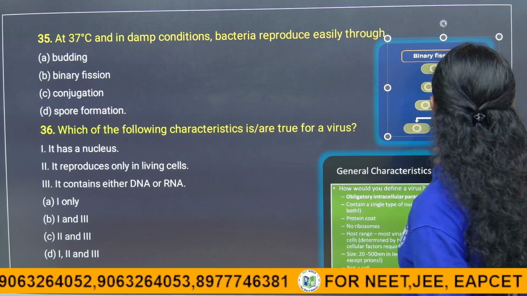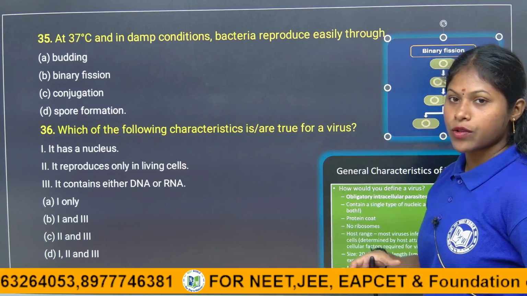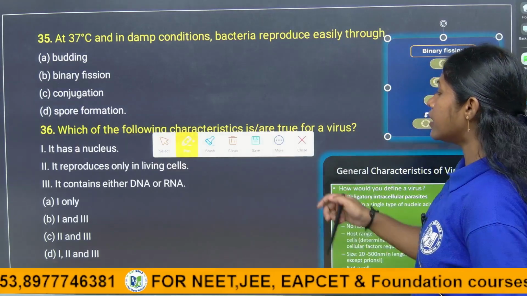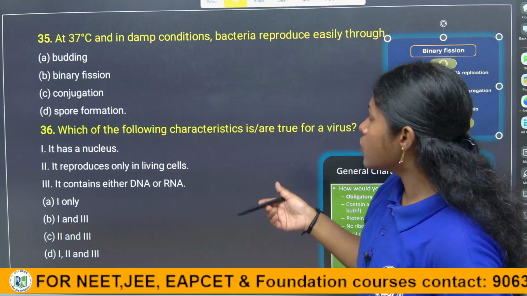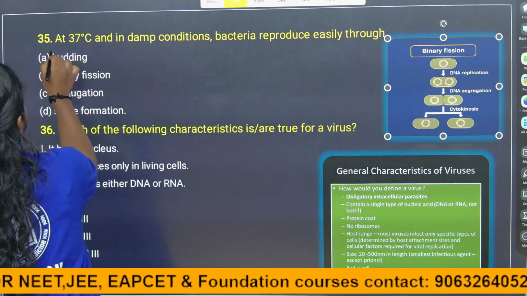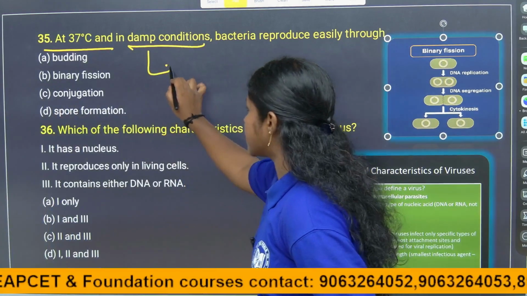Bacteria is everywhere. Of course it is everywhere, in hot springs, in volcano eruptions, wherever. We cannot say of even one place that bacteria is not present. So here they are asking at 37 degrees in damp conditions, which means wet conditions.